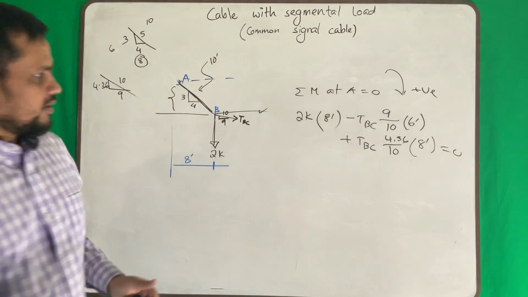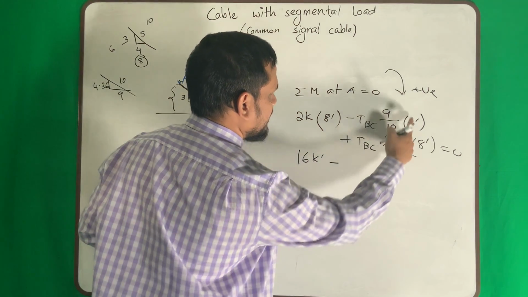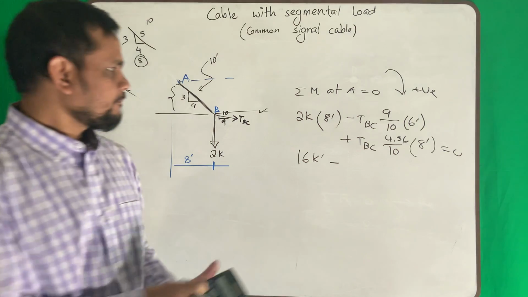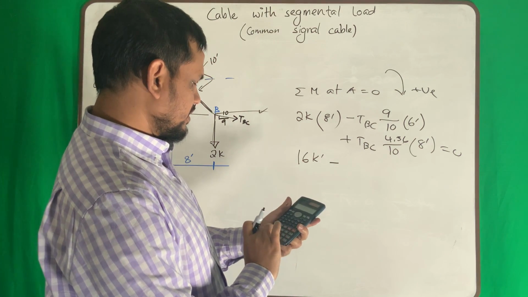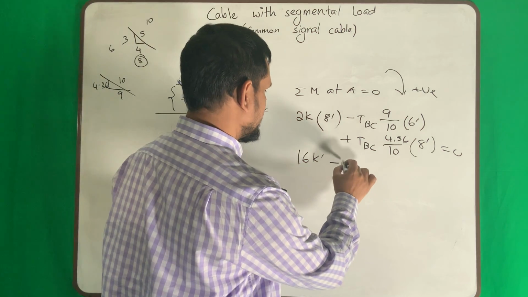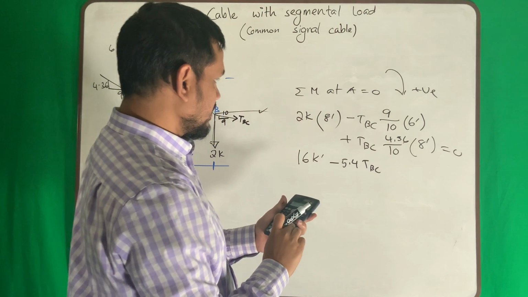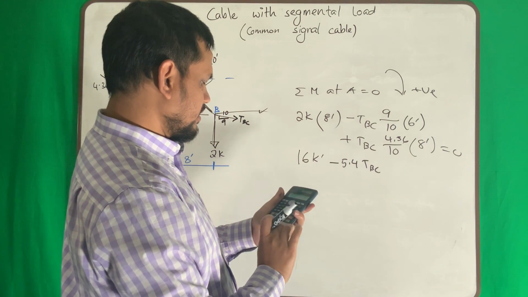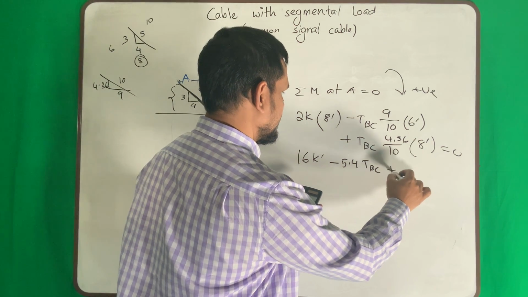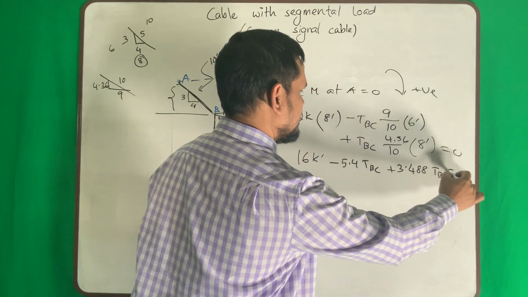Okay, it looks like a very big calculation. So 16, keep it here. So 9 times 6 divided by 10, so 5.4 here. What about here? 4.36 times 8 divided by 10. So I got here 3.488 TBC equals 0.